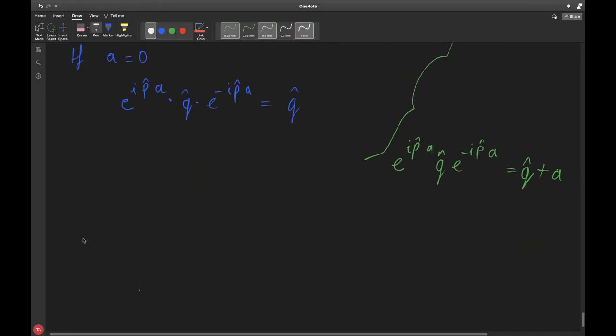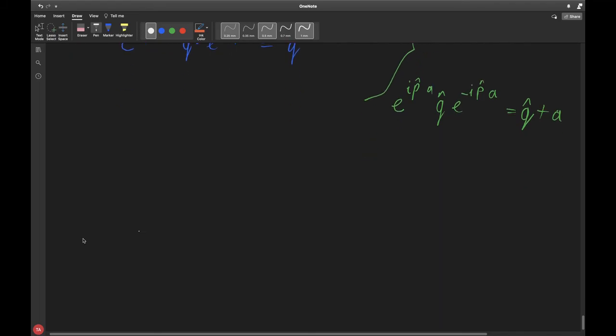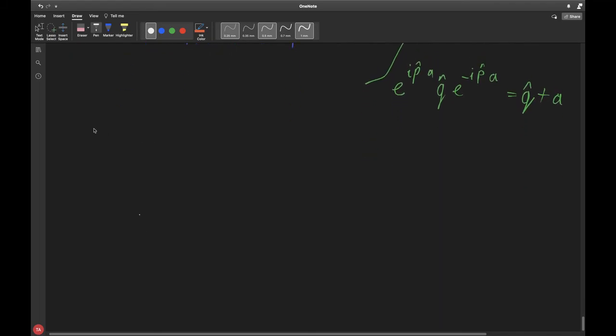Let's now speak about a state at position x. So the state at x position, we will denote with x, and we will act on this x with the operator that we are discussing now.